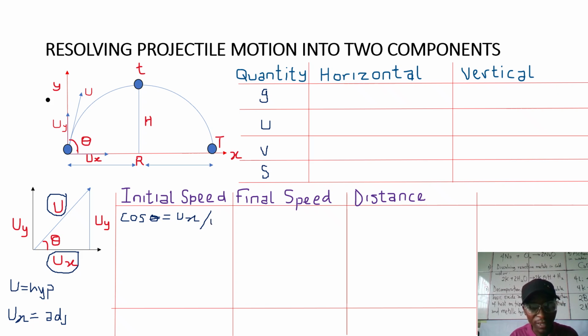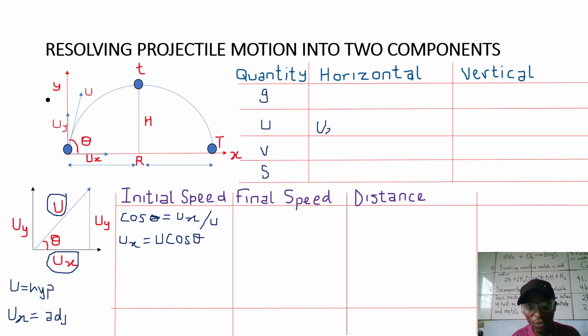So if you make ux the subject of the formula, therefore ux now will be equal to u cos theta, and that is our initial speed of a projected body along the horizontal axis. And let's put that here. Our initial speed along the horizontal axis, ux, equals u cos theta.